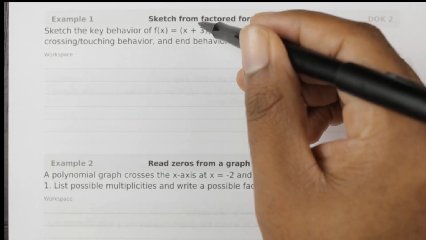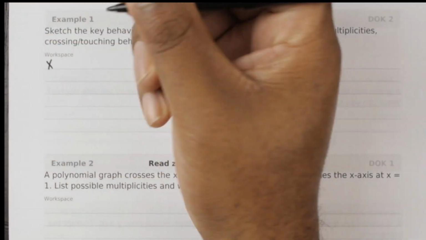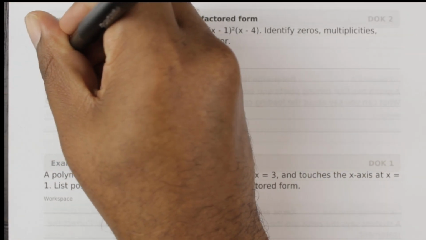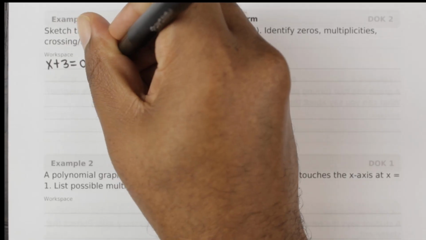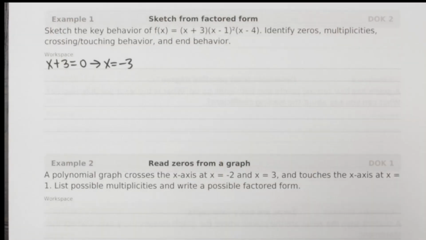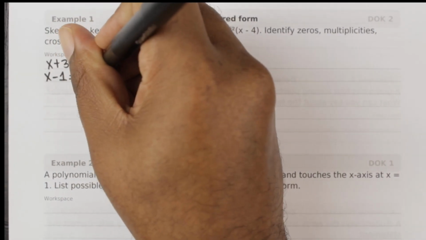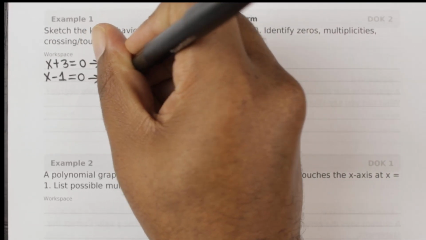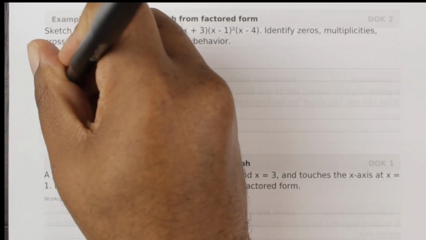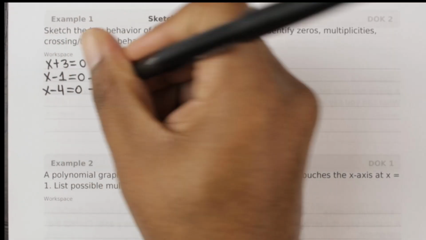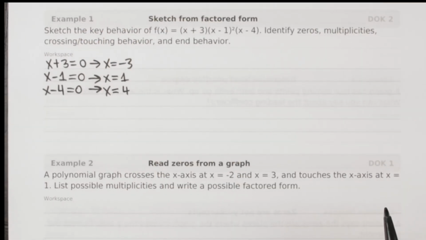So x plus 3 equaling 0 is going to become x equals negative 3. We also have x minus 1 equaling 0. We know that's going to be x equals 1. Then we have x minus 4 equaling 0. We know that's going to be x equals positive 4.